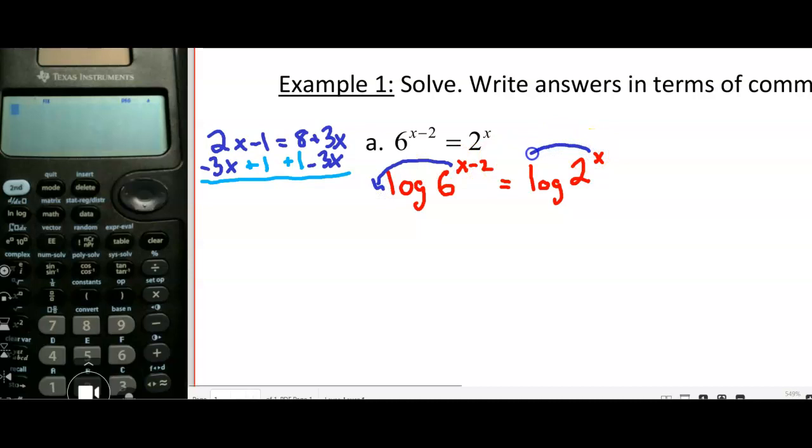This is the mechanism that gets those exponents down here, so we can solve it like a regular old linear equation, right? So now it's no longer an exponent, it's just by itself. So we have (x minus 2) log 6 equals x log 2.